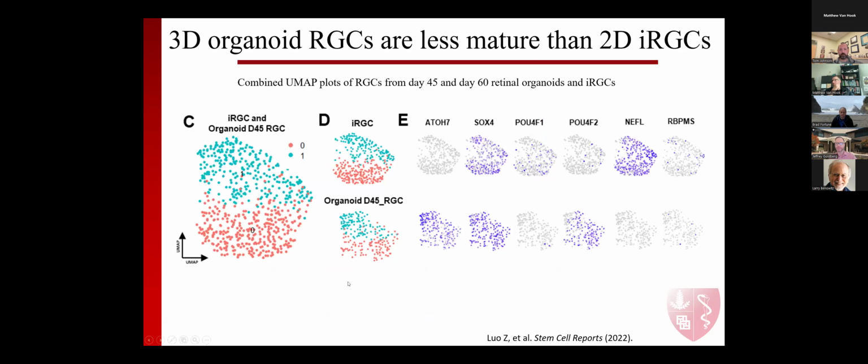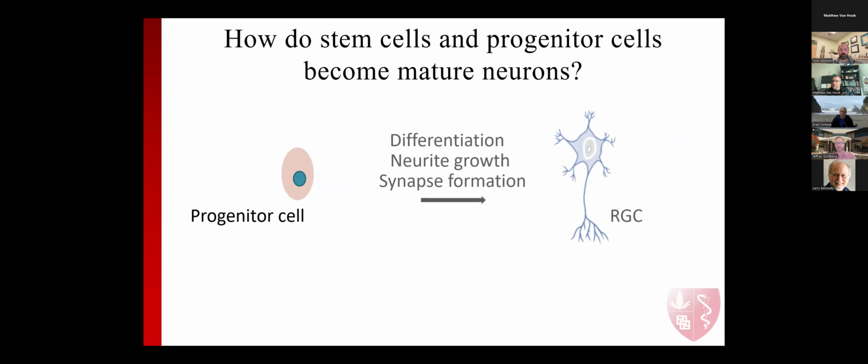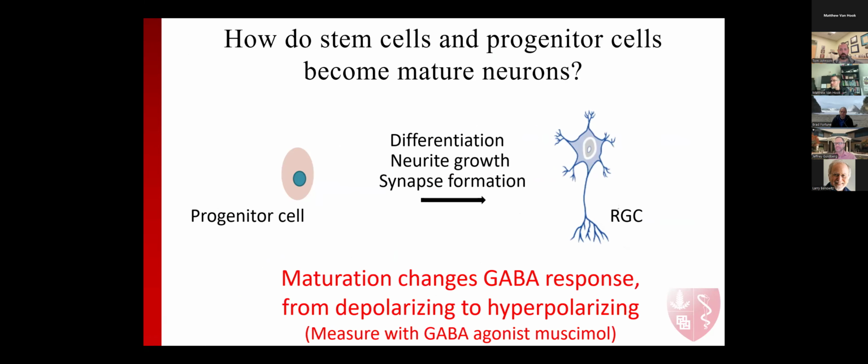I think we need to be really attentive to the maturation stage, not just the severity of the host environment disease, but also the maturation stage of your donor cells, and really study these in head-to-head formats. Here, Ziming has shown that the 3D organoid RGCs are less mature than the 2D stem cell derived RGCs, both when looking at gene expression and when looking at physiology, like measures of electrophysiologic differentiation.